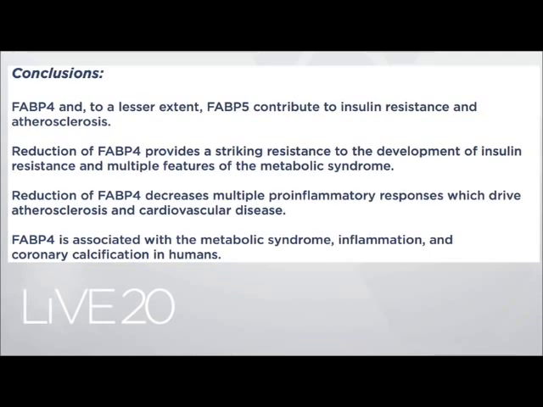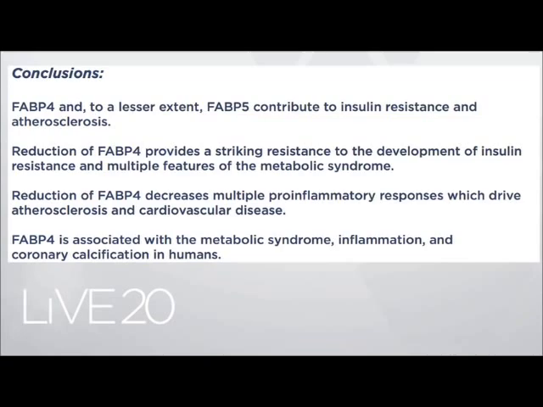That's powerful. In this paper, they could lower FABP4 by genetic manipulations, things that we can't do to ourselves, but we can do to animals in a lab, and it provided resistance to metabolic syndrome. And at the bottom there, FABP4 is associated with metabolic syndrome, inflammation, and coronary calcification in humans.